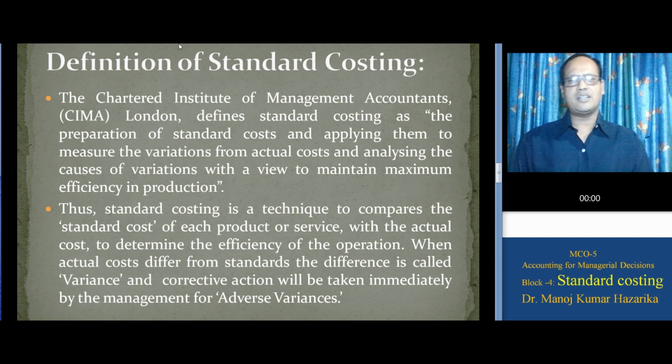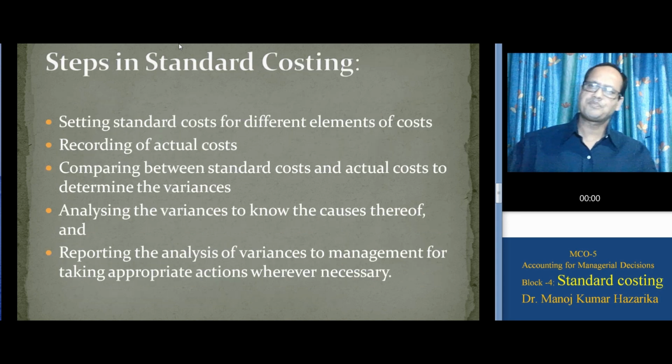Thus, standard costing is a technique to compare the standard cost of each product or service with the actual cost to determine the efficiency of the operation. When the actual cost differs from standard cost, the difference is called variance, and corrective action will be taken immediately by the management for any adverse variances.